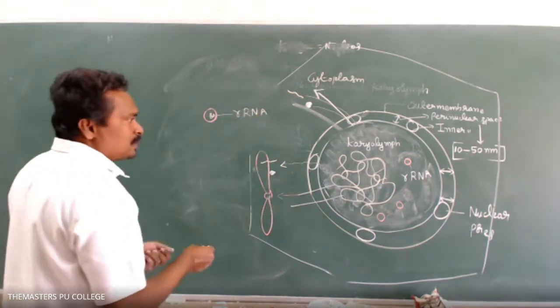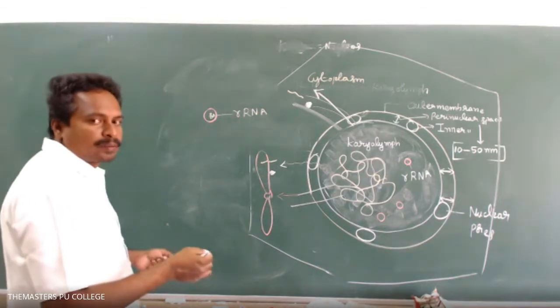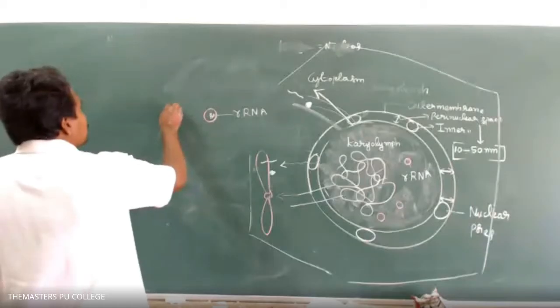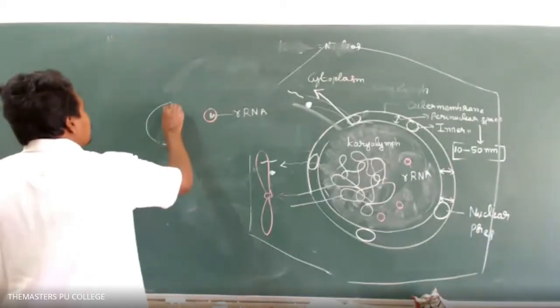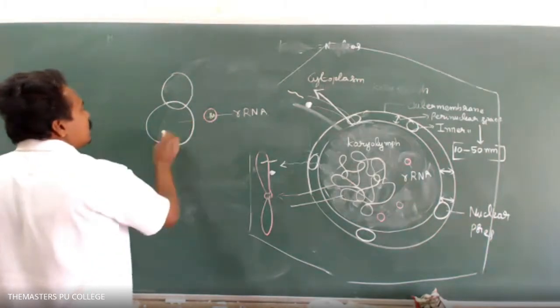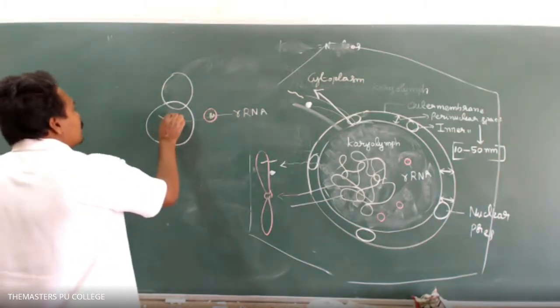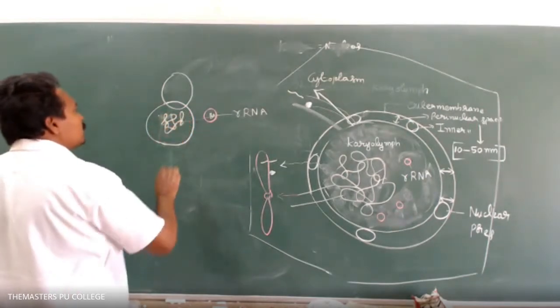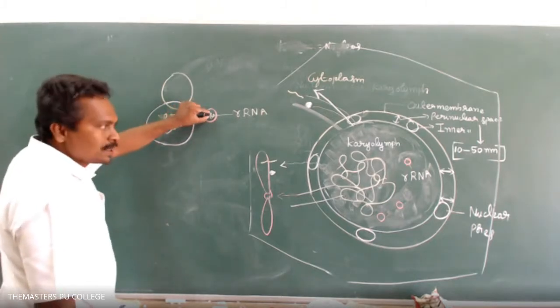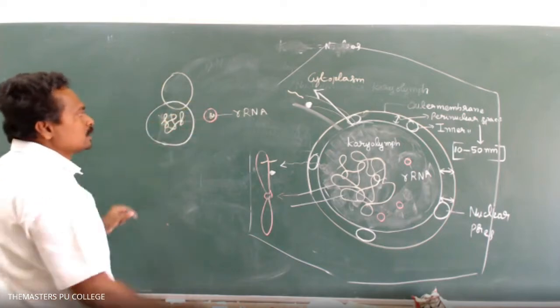How many types of ribosomes are there? We already learned about the types of ribosomes. Two types. Each ribosome consists of how many subunits? Two subunits. The RNA present in a ribosome is called ribosomal RNA. The ribosomal RNA is first synthesized in the nucleolus.